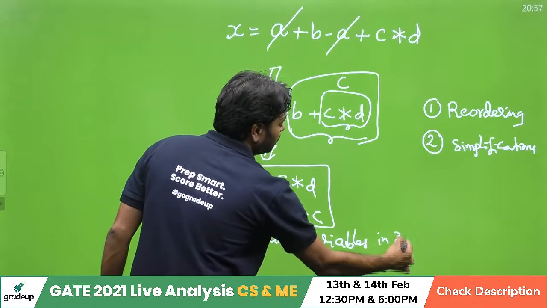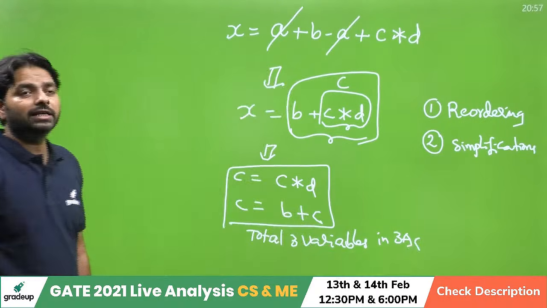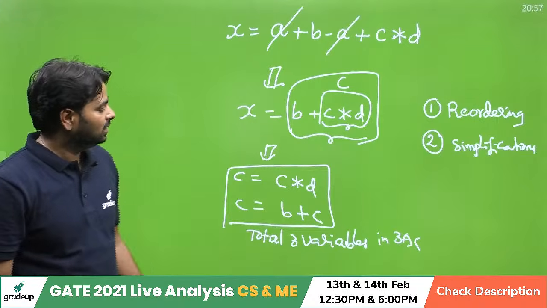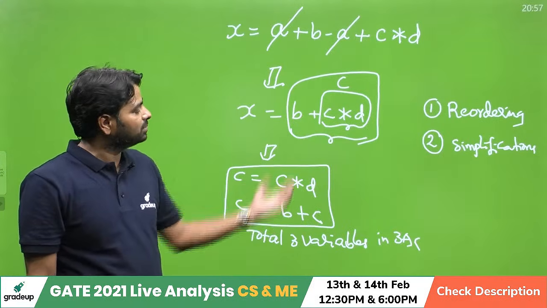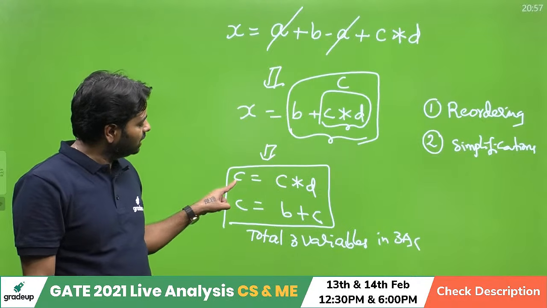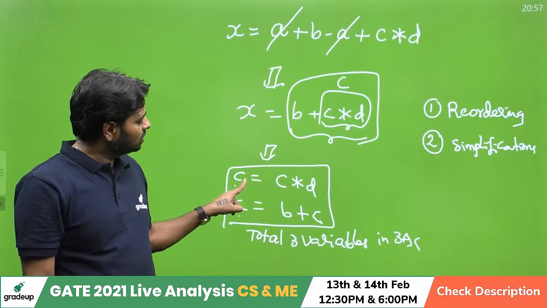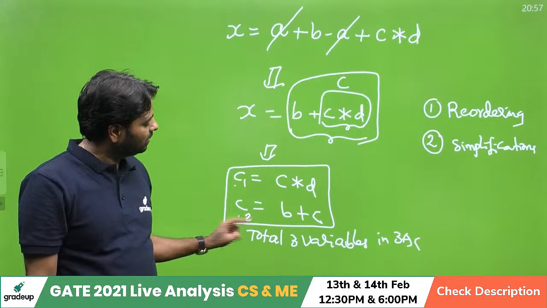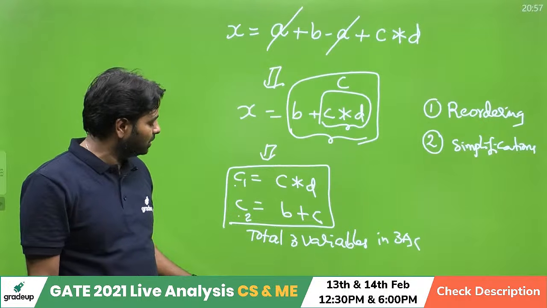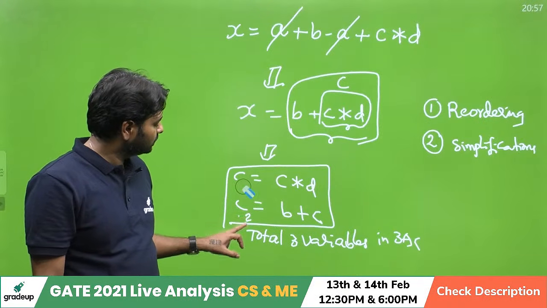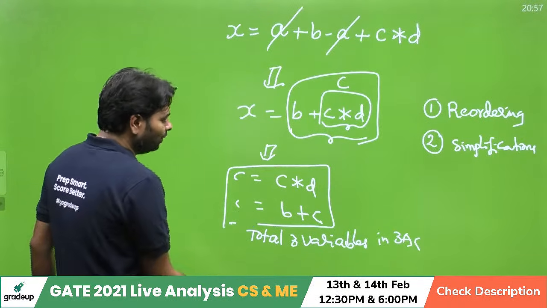in three-address code. But in SSA code, it is very simple. B, C, D, 3 variables, are a must at any cost because they are coming from outside, and additionally 2 instructions. So you might get C1 and C2 when you are writing SSA code. So additionally you require how many variables? 2 variables.